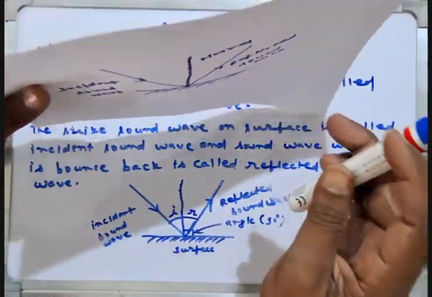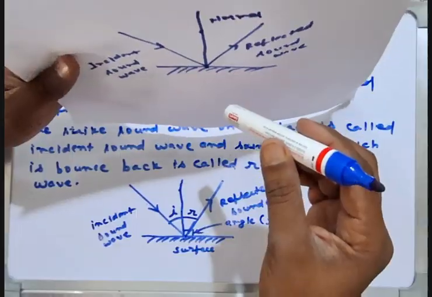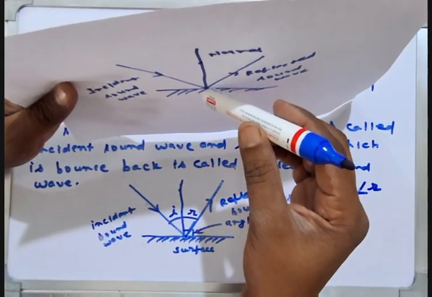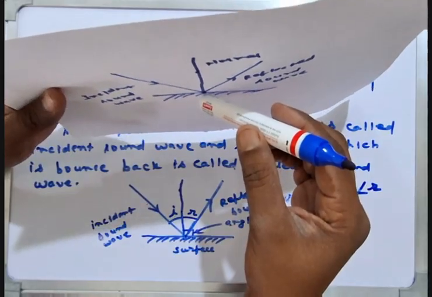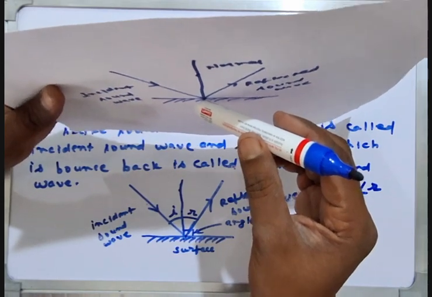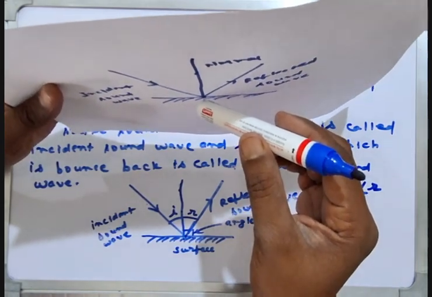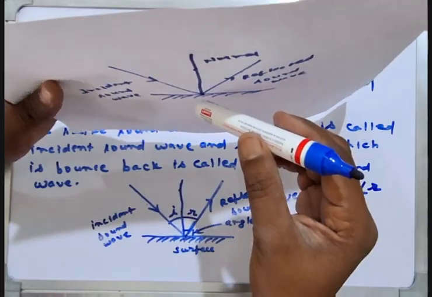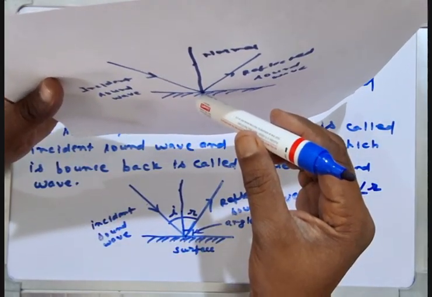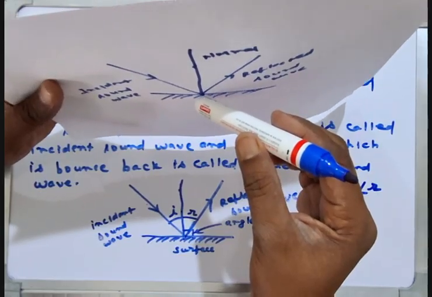Okay, if somebody says the reflected sound wave is like this, projected out of this plain paper, then at that time we say all these three, incident sound wave, normal and reflected sound wave, are not in the same plane.